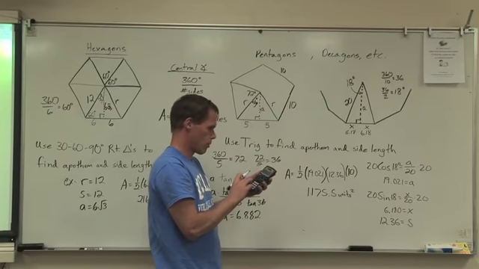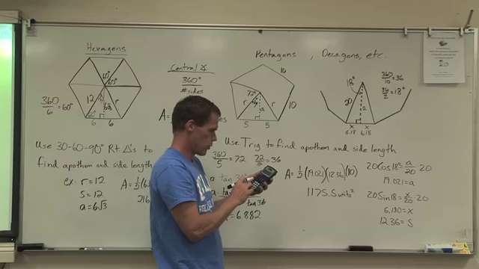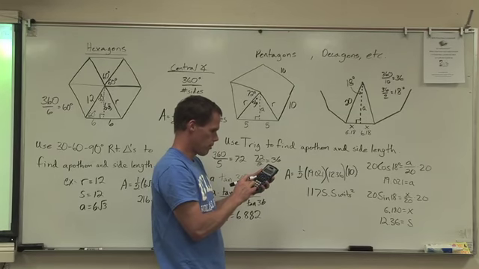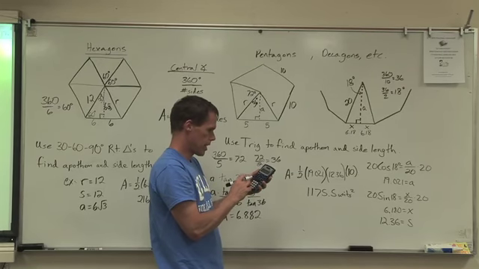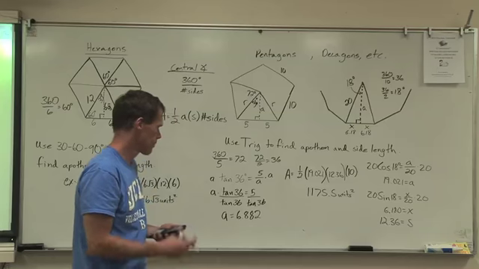I'm going to check that one more time. 19.021 times 12.36 times 10, and then divided by 2. And yep, we've got ourselves our answer here.